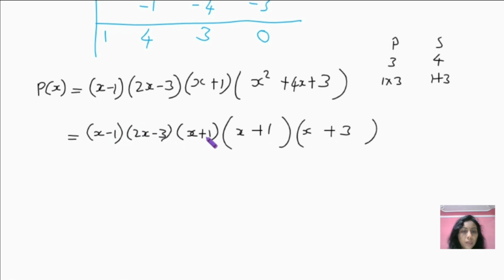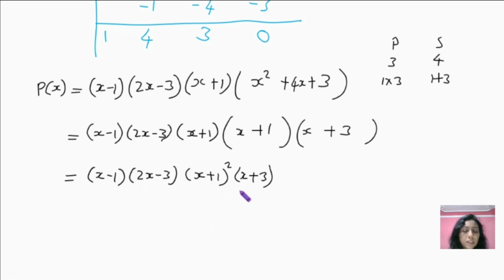Okay, so we can write x minus 1, 2x minus 3, x plus 1, here 2 times, that's why we can write a square, and x plus 3. So we factored completely, and here zeros are 1, 3 upon 2, minus 1 2 times, and here minus 3.